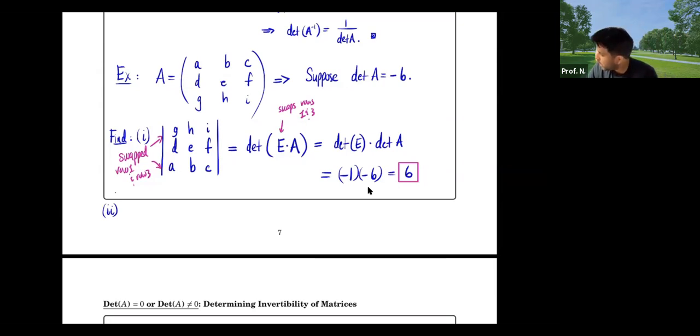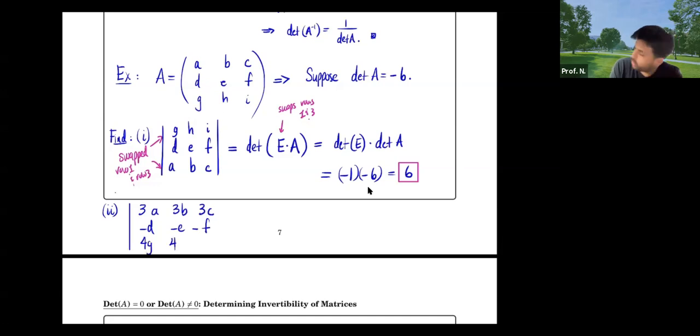Okay. What about this one? 3A, 3B, 3C, -D, -E, -F, 4G, 4H, and 4I. Now, what would be this determinant?